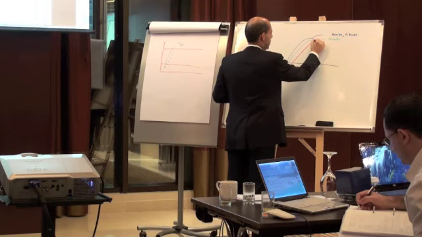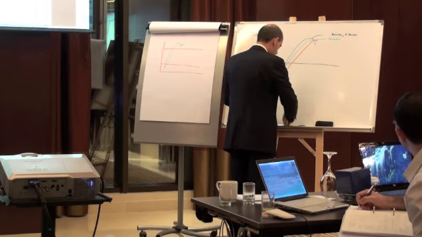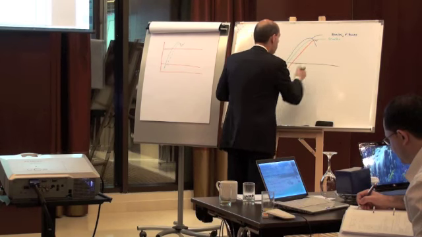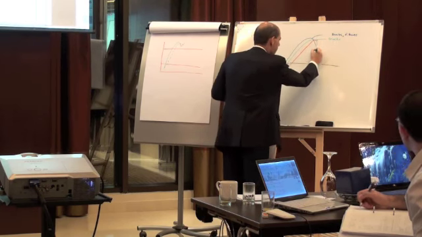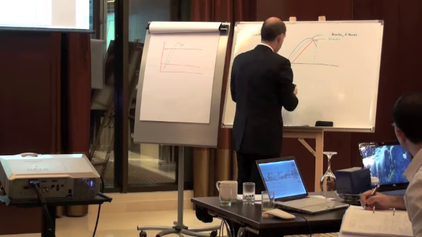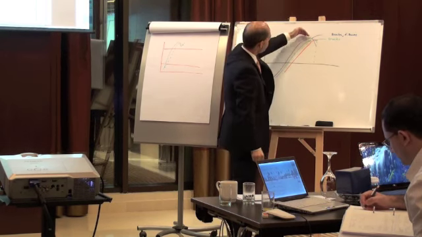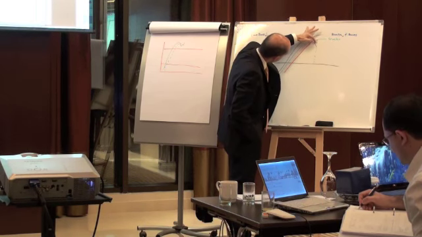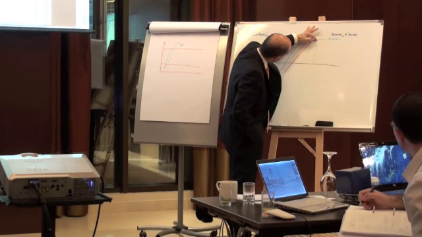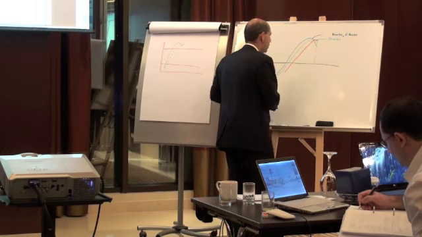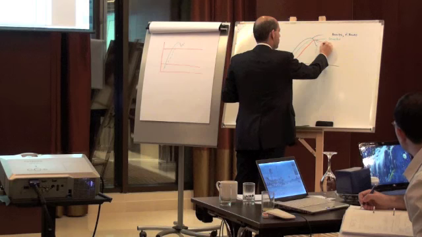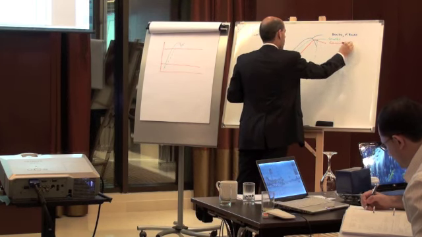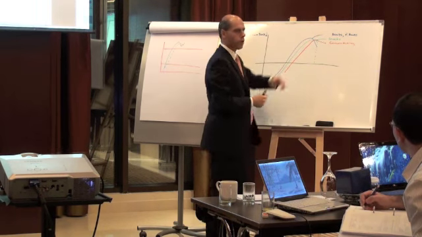As I draw here, we are talking about this point today, let's say. The bonds have already started to go down, and the stocks started to go down. And now the red one, the commodities prices, just start to go down.